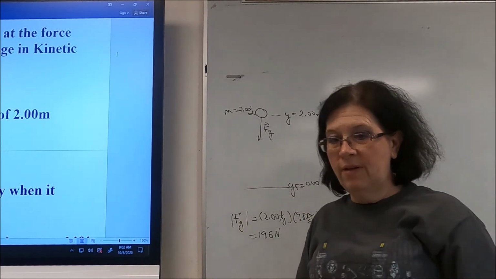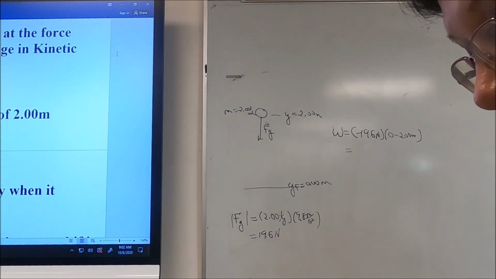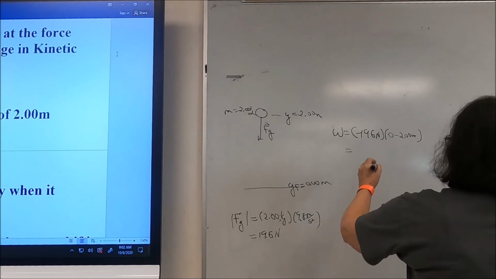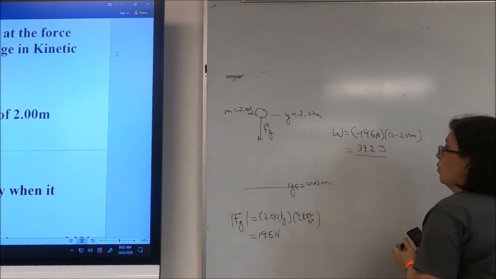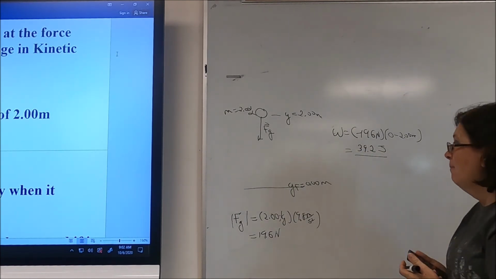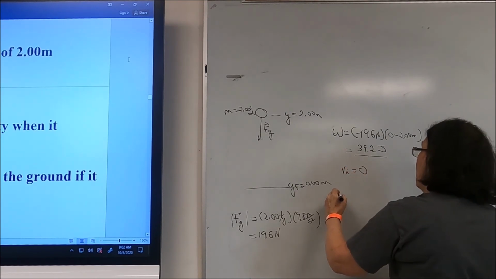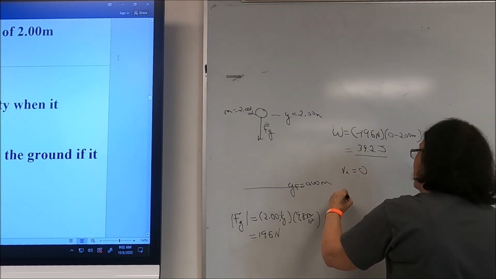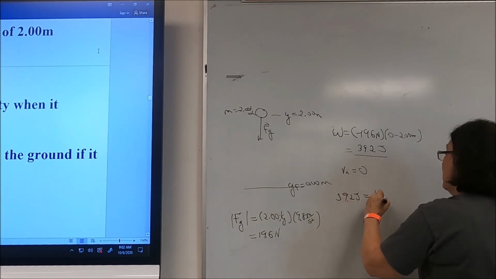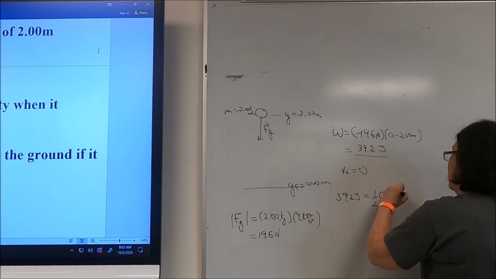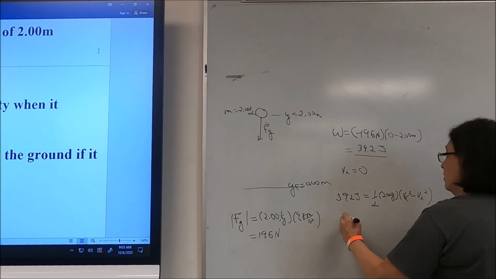So I have 19.6 times 2. The negatives cancel out. I get 39.2 joules worth of work done. Okay? Now, if I say that velocity initially for the ball was 0, I can say 39.2 joules is equal to 1/2 times the mass, 2 kilograms, times V final squared minus V initial squared.